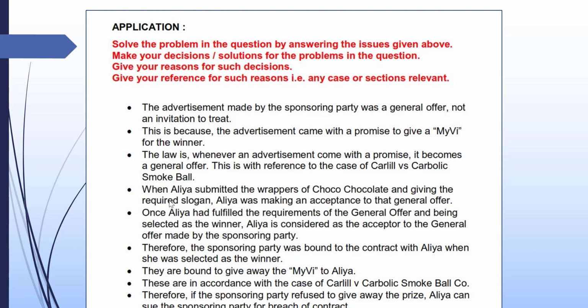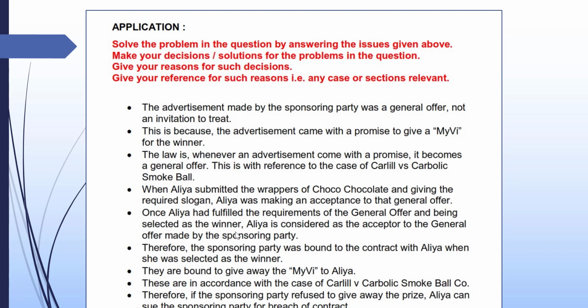Okay? And then you answer the second issue saying that when Alia submitted the wrappers of Choco Chocolate and gave the required slogan, Alia was making an acceptance to that general offer. Once Alia had fulfilled the requirements of the general offer and was selected as the winner, Alia is considered as the acceptor of the general offer made by that sponsoring party.